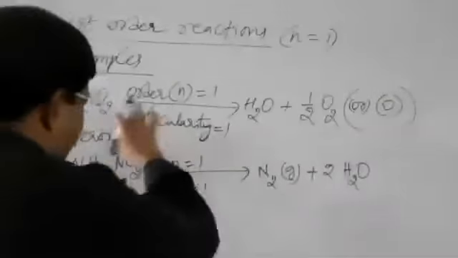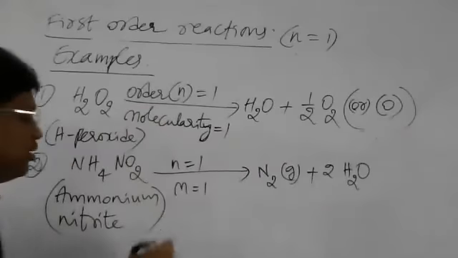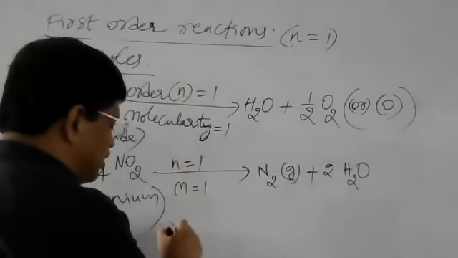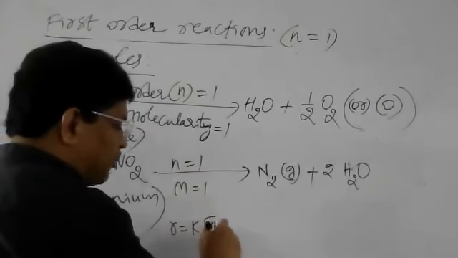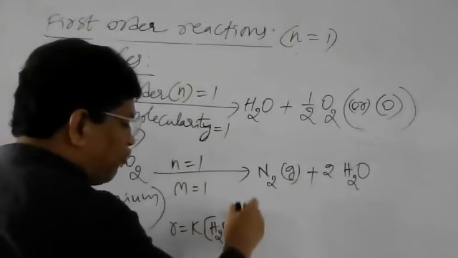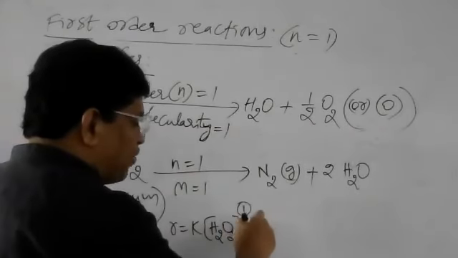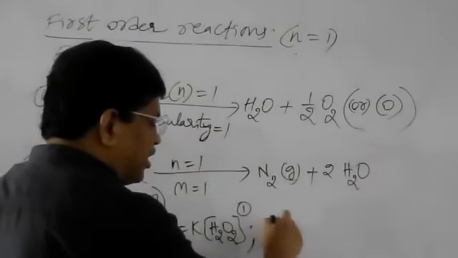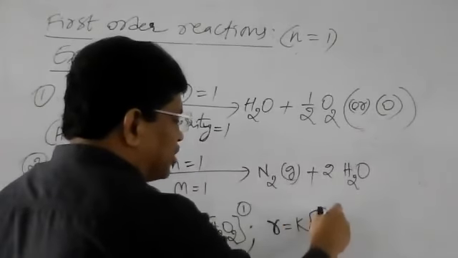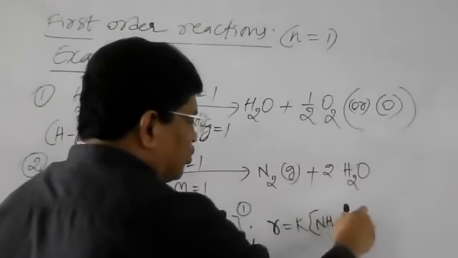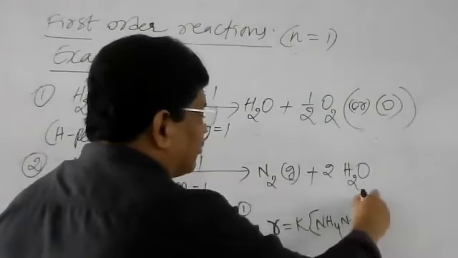Now here, tell me what will be the rate law expressions for both. For the first equation we write: rate equals rate constant into concentration of H2O2 to the power of 1. The same thing we get for the second equation: rate equals rate constant into concentration of NH4NO2 to the power of 1.